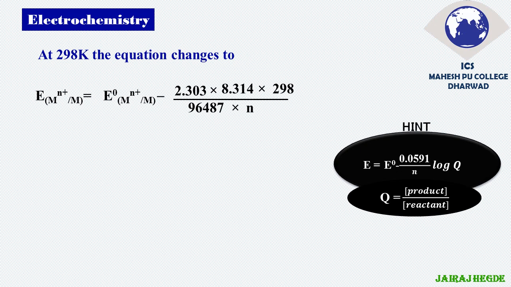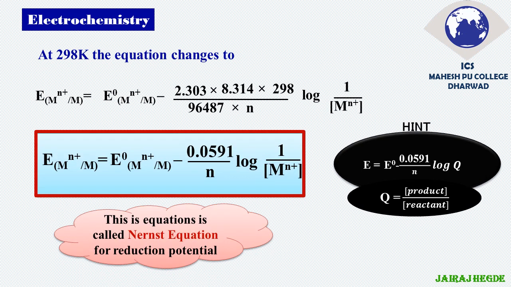As we are writing the general equation, the number of electrons changing from Mn plus to M will be n number of electrons. So n into log of 1 by Mn plus. If I substitute and solve all of these values, I'll get E is equal to E naught minus 0.0591 by n log of 1 by Mn plus.